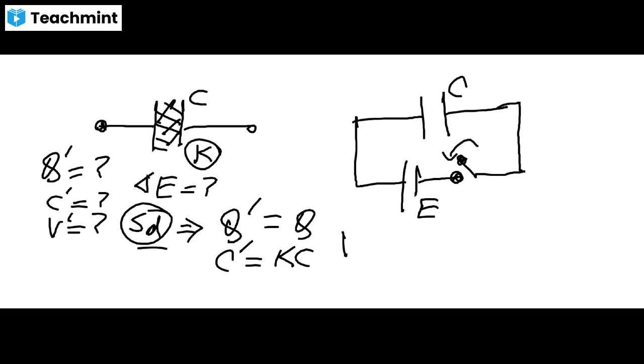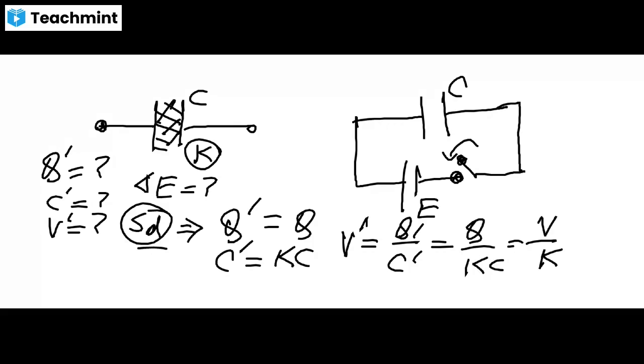Now, what is the difference in potential? That is V prime. You know, Q is equal to CV. So here you have to write Q prime by C prime. Q prime is equal to Q and C prime is KC. So you can write Q by C, it is V by K. So this is your answer.